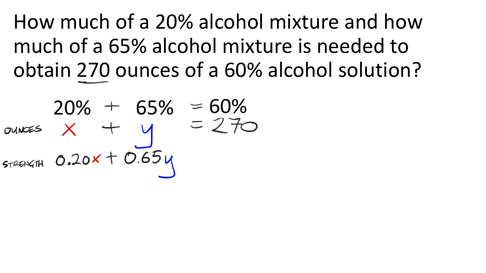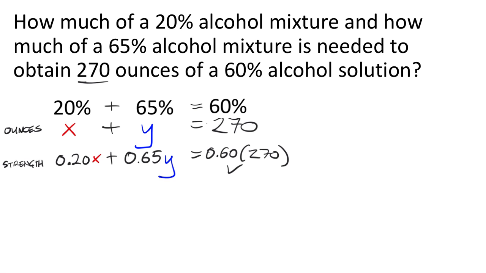If we add these together, notice it's a strength which is based on volume as well. So we have a 60% alcohol solution, but we do need to multiply that by 270 ounces, okay? And 0.60 times 270, yeah, just pull out your calculator and do that.